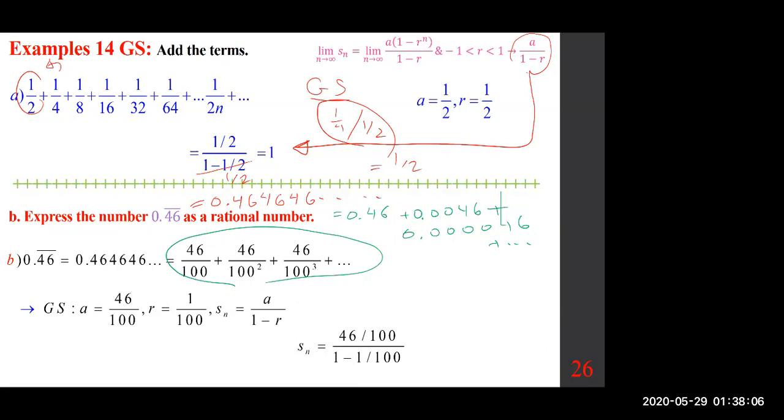This is a complex fraction. If you multiply it by 100 over 100, it simplifies. The top becomes 46. The bottom becomes 100 minus 1. So the answer is 46 over 99.